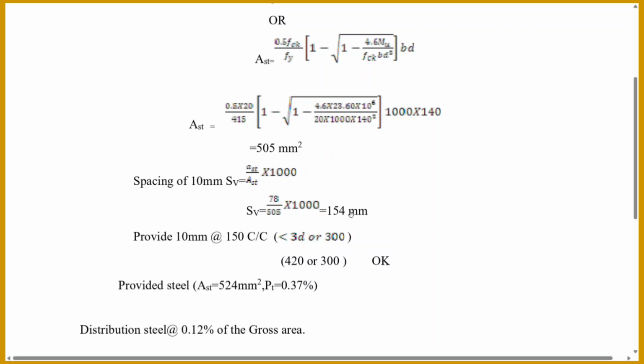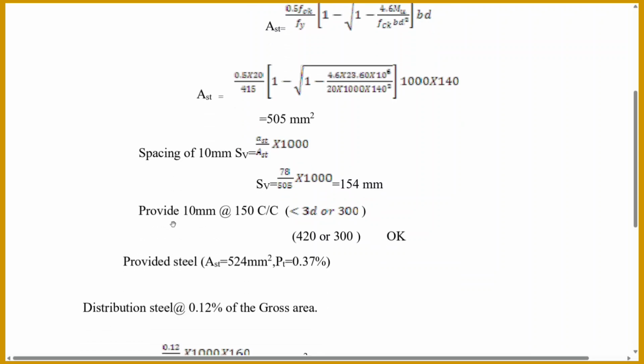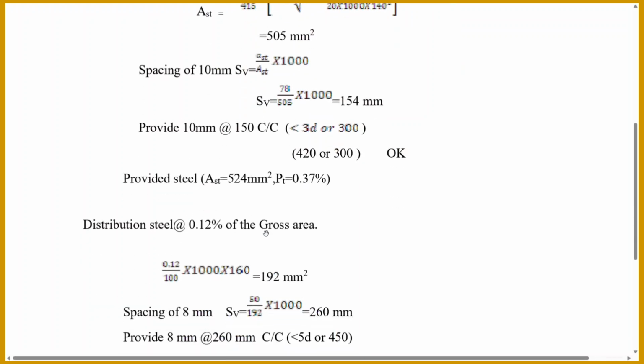The spacing comes 154 mm, so we will provide 10 mm bars at 150 center to center. As you can see, this is less than 3D or 300 mm. For that, 3D, 3 into our effective depth, comes 420, or 300. This is okay for the spacing criteria.